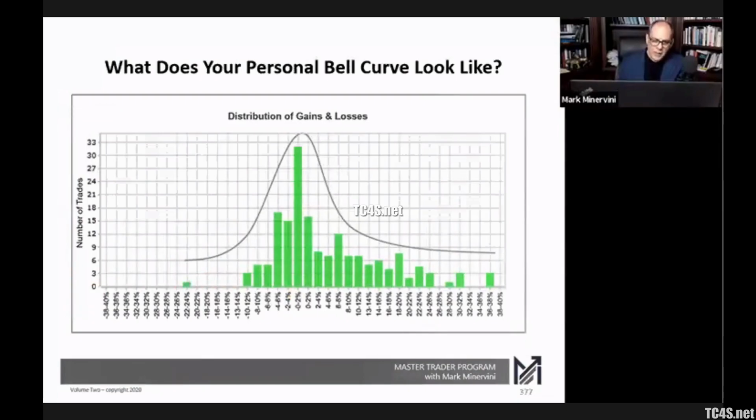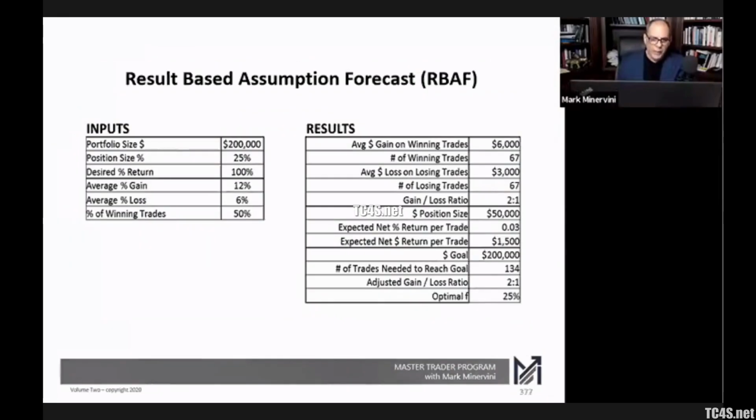Now, another tool that we use in our own software is called the result-based assumption forecast, or RBAF, where you can put in these numbers and see exactly how many trades it's going to take to get to your goal. You put in your average gain, your average loss, and your batting average. We call it the hopper.